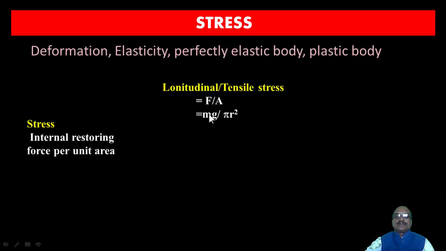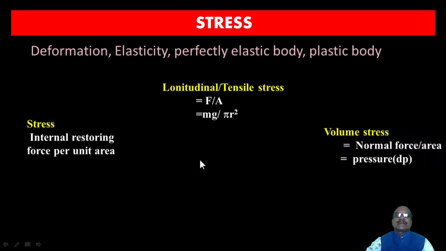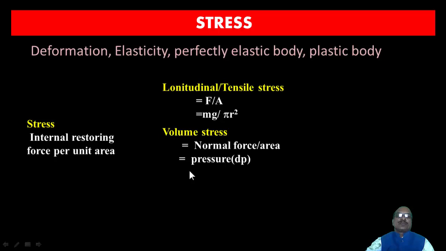Suppose mg is the weight applied at one end of the wire, and the cross-sectional area of the wire is pi r square. Then the longitudinal stress is nothing but mg upon pi r square. The second type of stress is volume stress. Here we find that when the deforming forces are applied, there is a change in the volume of the material.